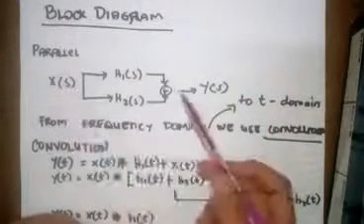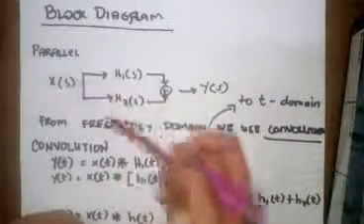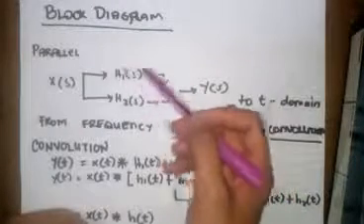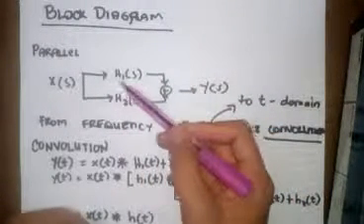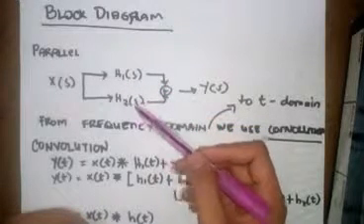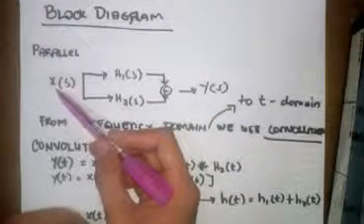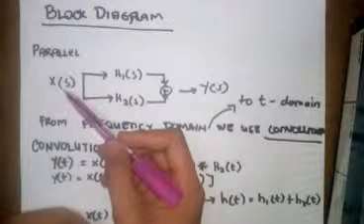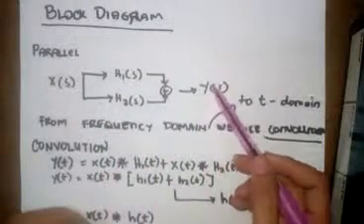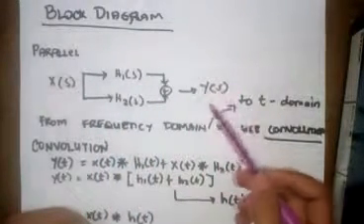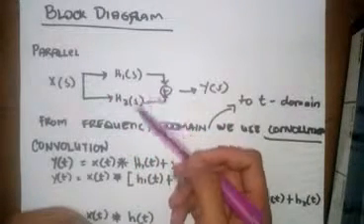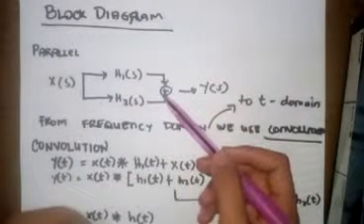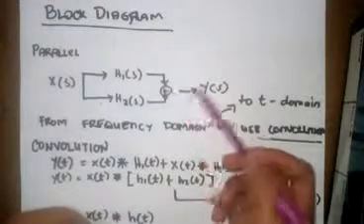Just like with the previous examples, we have here the system, which is divided into two, H1 of S and H2 of S. And this is our input, X of S, and Y of S is our output. Basically, these two elements here in the input should be added since there is a plus sign here.